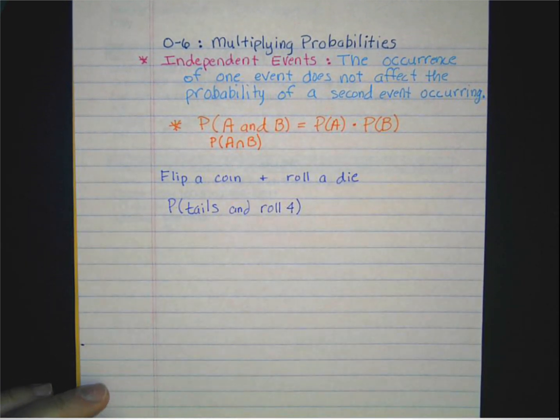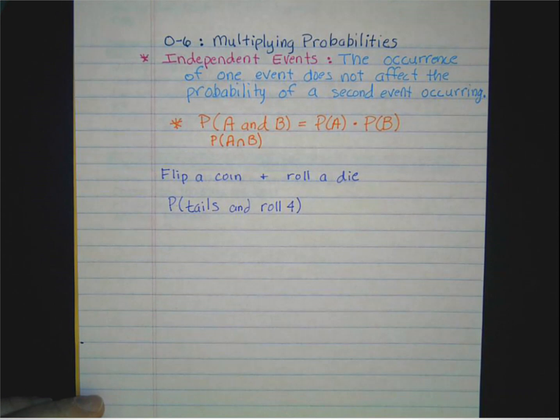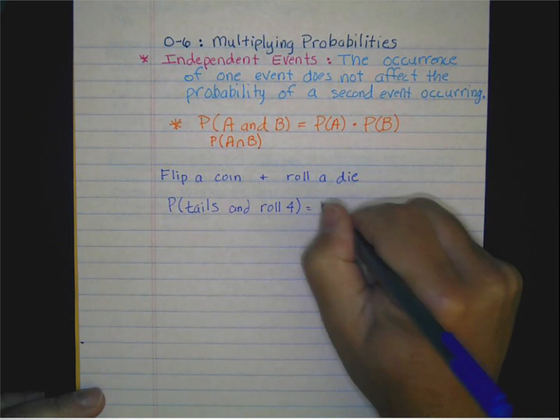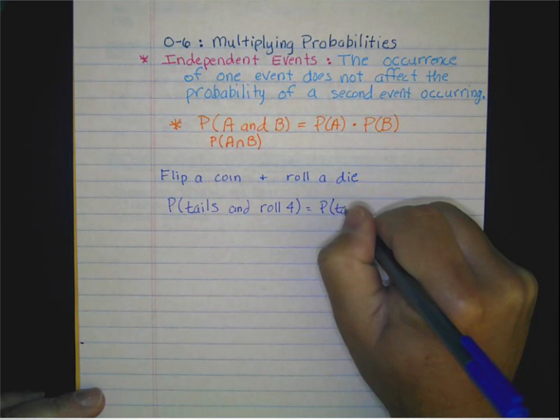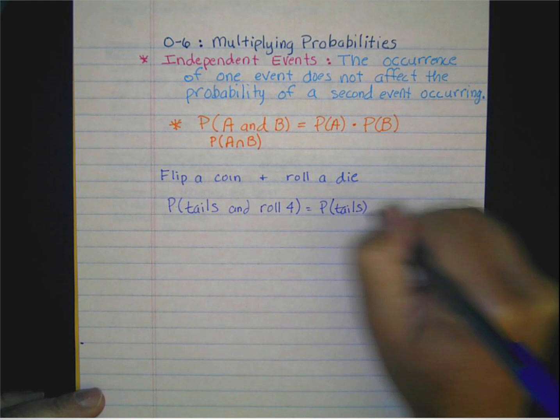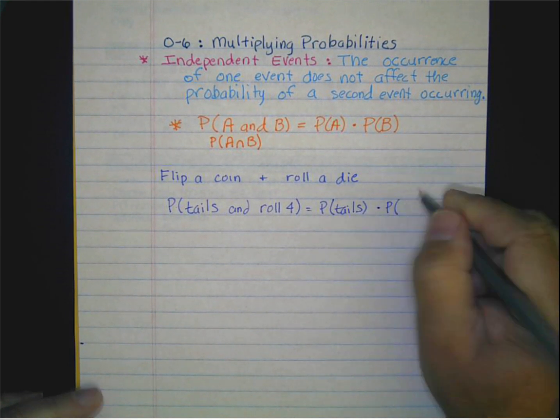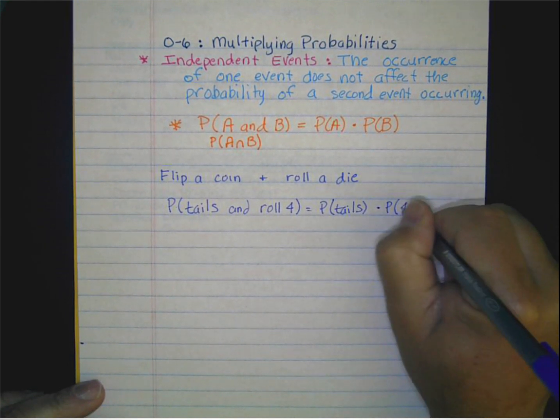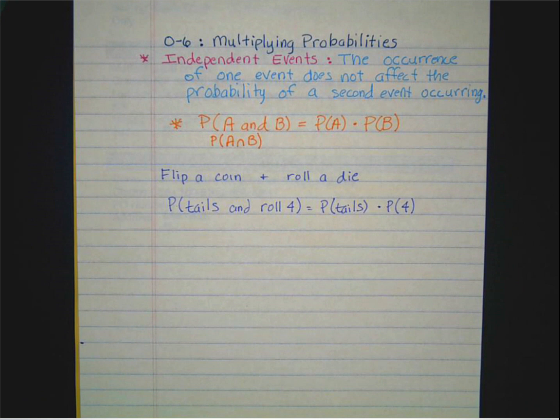I think it's pretty simple to see that those are obviously independent. Flipping a coin has nothing to do with rolling the die. So I just take each probability: the probability of tails times the probability of rolling a 4. Those are independent, so I can just multiply them.